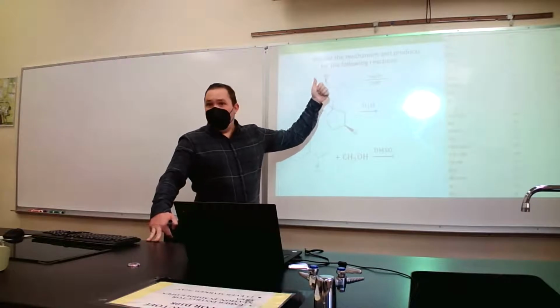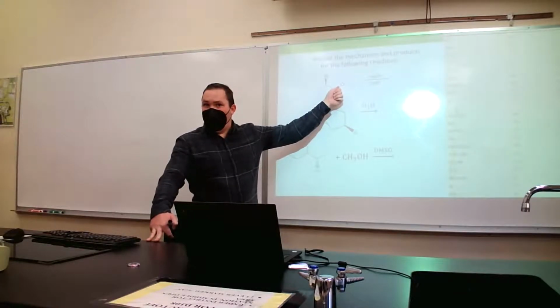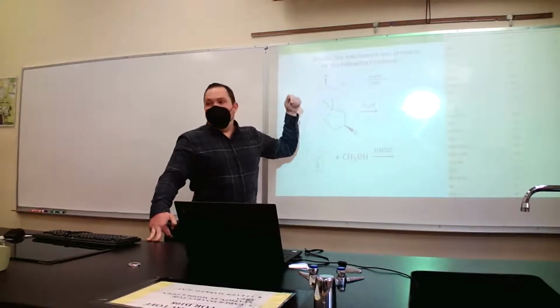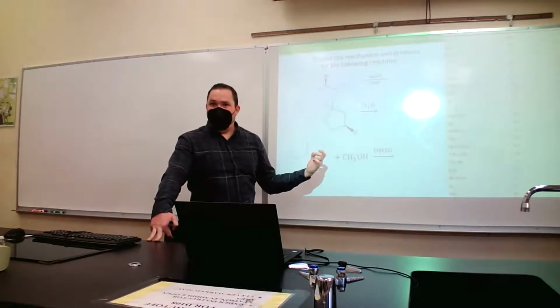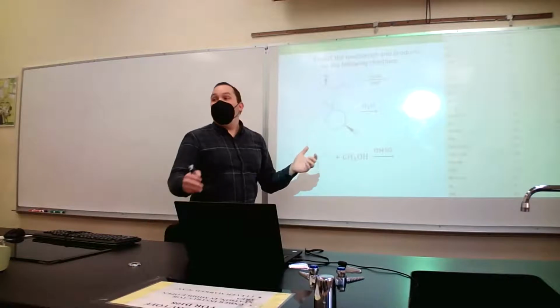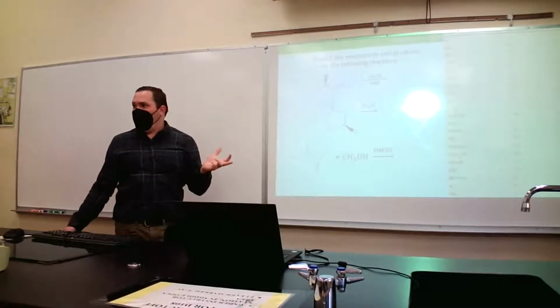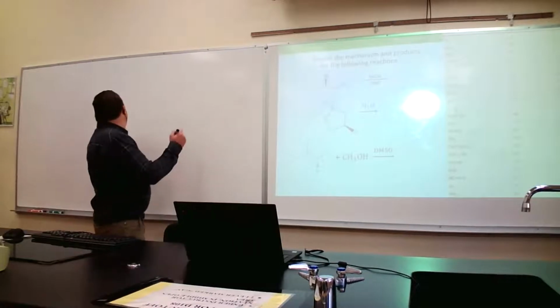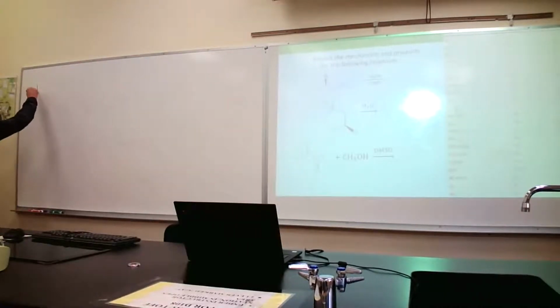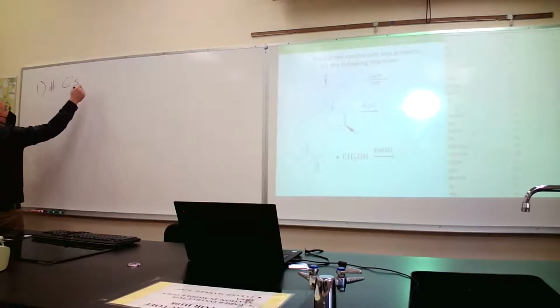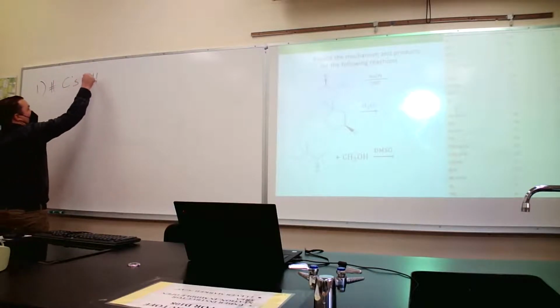But the stronger the nucleophile, the more it's going to favor SN2, and aprotic solvents favor SN2 more. Those are the main things to look for. And then the number of carbons attached to our active carbon. Probably in order of importance, it's the number of carbons attached.